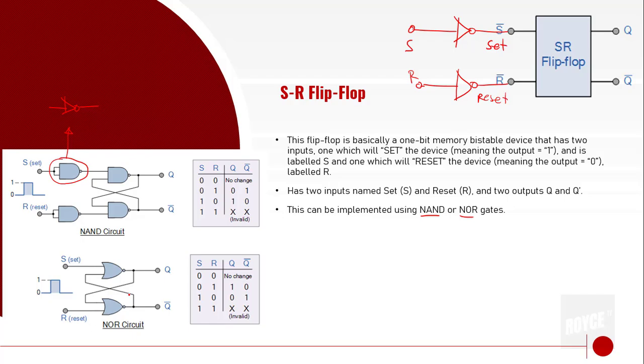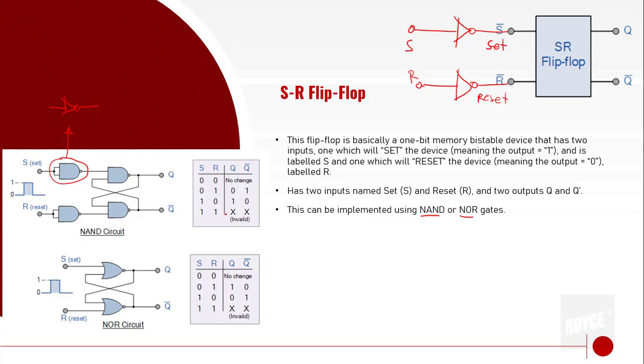But regardless of which one we use, you can see that their truth tables are the same. Since we have two input variables, we have four possible combinations: 0 0, 0 1, 1 0, and 1 1.